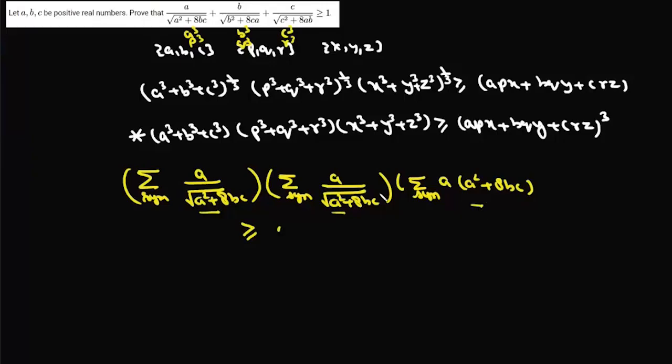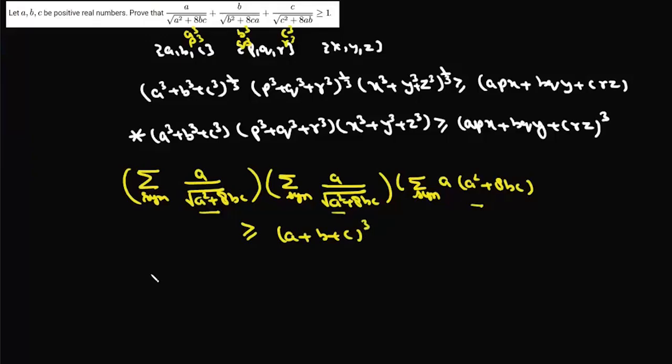So if you multiply them, we'll get a cube, p cube, x cube. Now a square plus 8bc will cancel. We'll get this as a cube. So the value of apx will be simply a. So it will be greater than or equal to (a plus b plus c) whole cube.